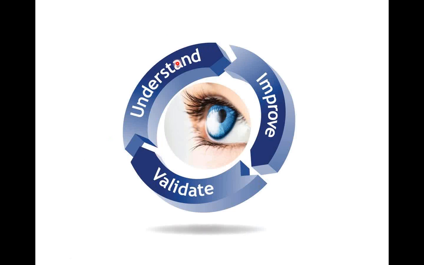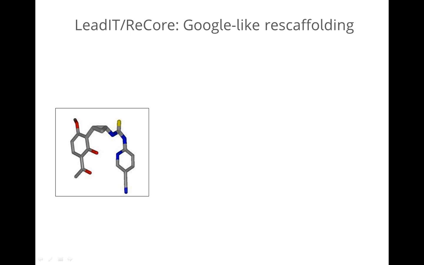So again, when you detect potential further ways or regions on the molecule that need to be improved, you can engage the circle again and further improve, validate, and then understand again. Look at your visual affinities, and this concept will become clearer when I show you a few slides to explain what HYDE is about. Okay.